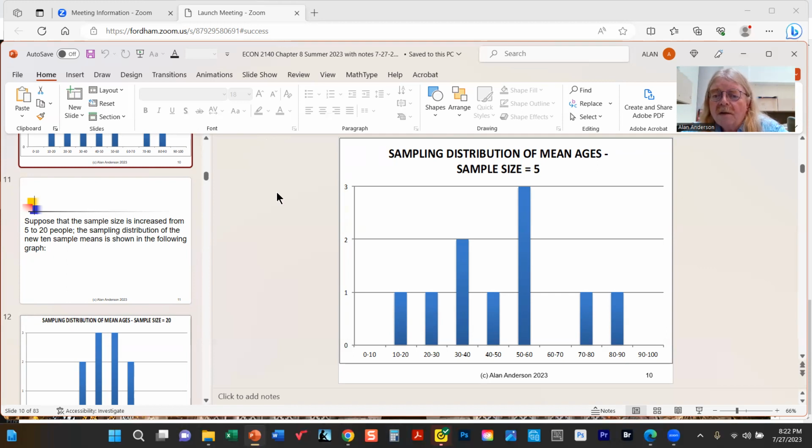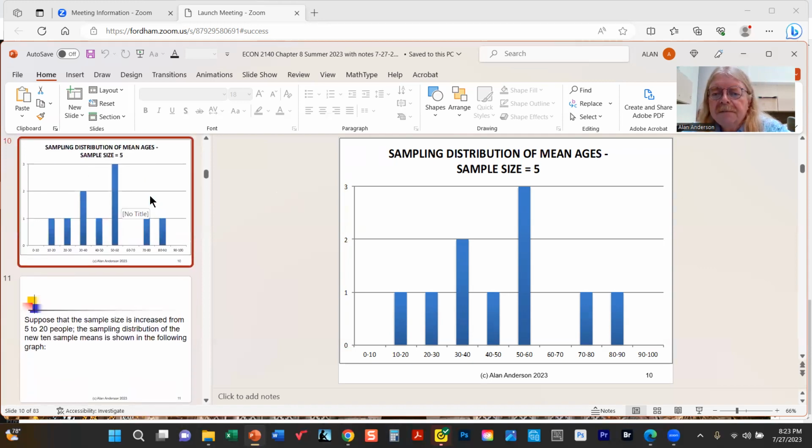But the larger the groups are, the less likely the sample means are to be either very large or very small. Okay, so even if you have a group with children in it, if there's 20 people in there, the chances are there'll be some adults as well. So the average age is not going to be extremely small, or it's not likely. And the same thing on the upper side, unless you inadvertently pick 20 senior citizens in your sample, the average age in that group is not going to be as different from one sample to the next as it would have been with 5.